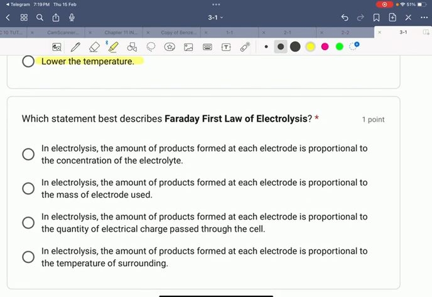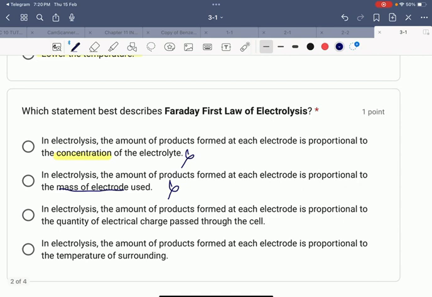Okay, in Faraday's first law, Faraday's law relates the quantity of charge and the amount of product. So we look at them one by one. In electrolysis, the amount of product formed at each electrode is proportional to the concentration. This is incorrect. The amount of product formed at each electrode is proportional to the mass of electrode. This is also incorrect.